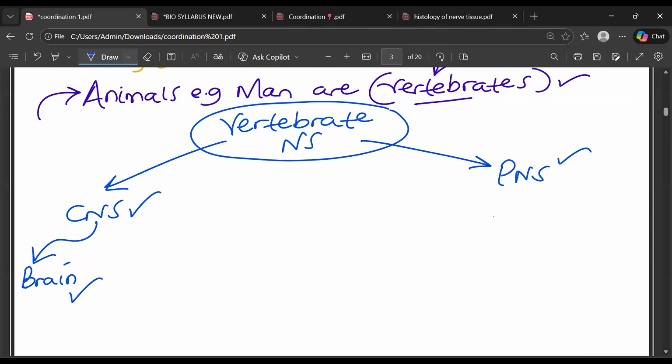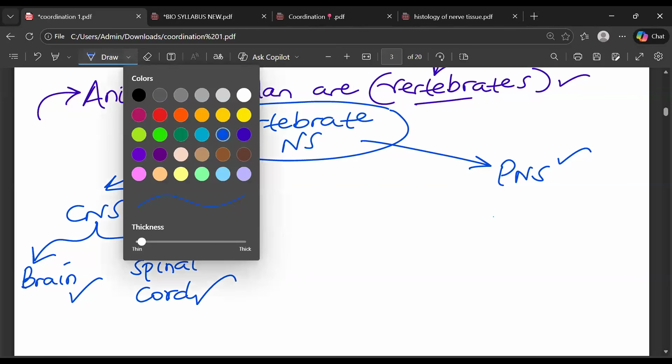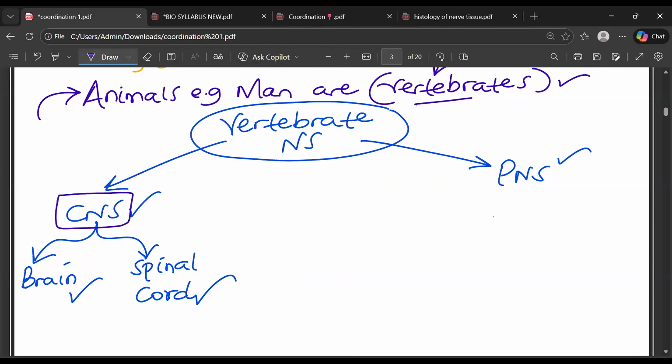But you people know the brain never leaves the spinal cord, like they are best friends. So at your level and at all higher levels of education, you realize that the brain and spinal cord are the two basic parts of what they call the CNS, central nervous system. Then I told you about this peripheral nervous system, that it's basically about those nerve fibers.